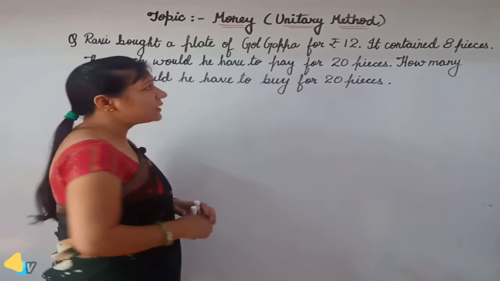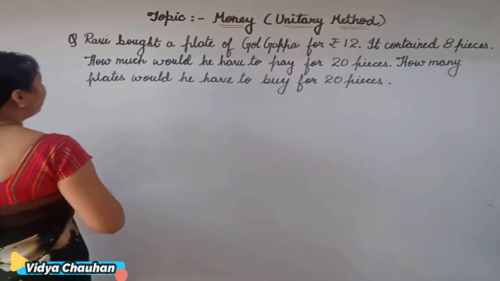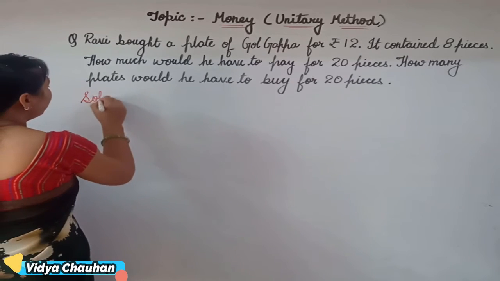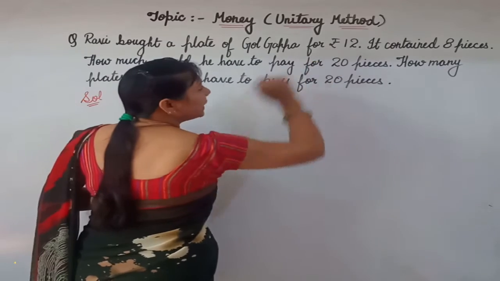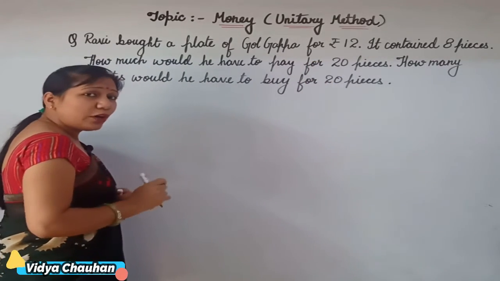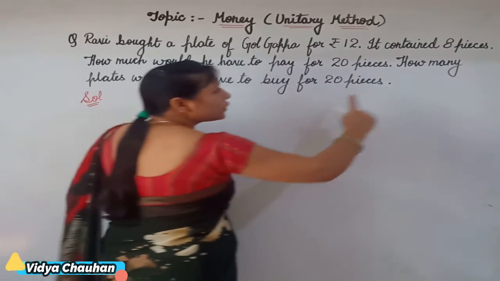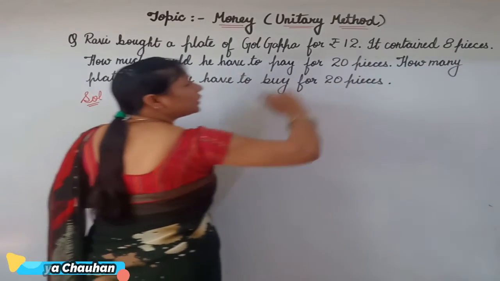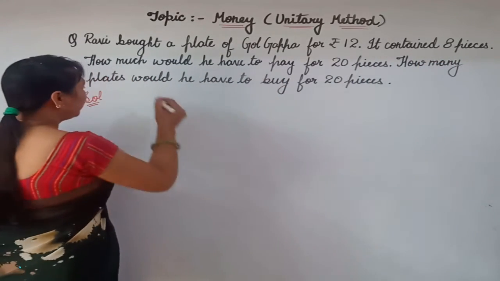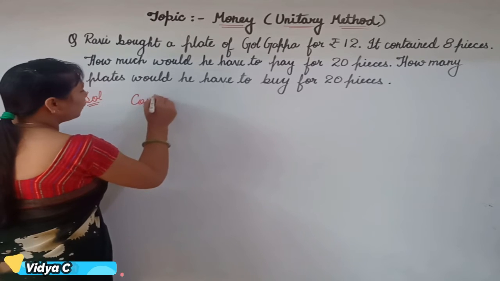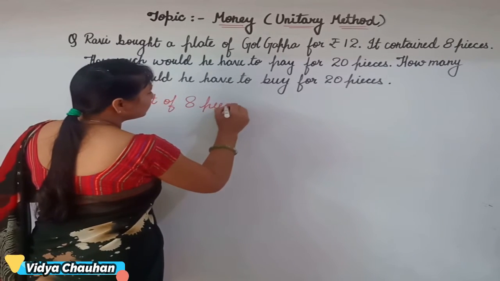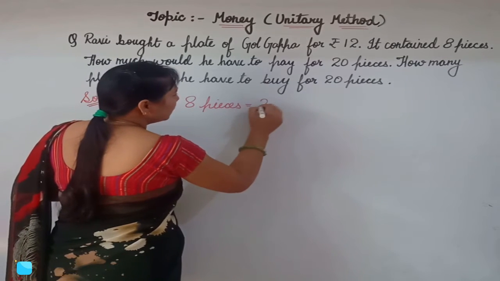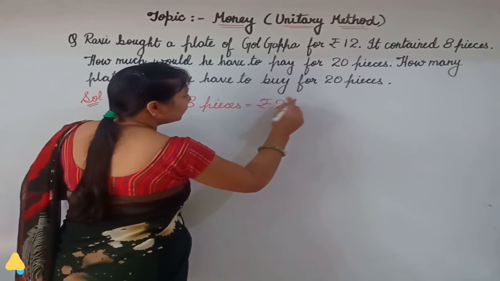So let us discuss the solution of this question. So very first, what are the things given to us? Cost of 1 plate of Golgappa is rupees 12, or I can write it as cost of 8 pieces of Golgappa is rupees 12.